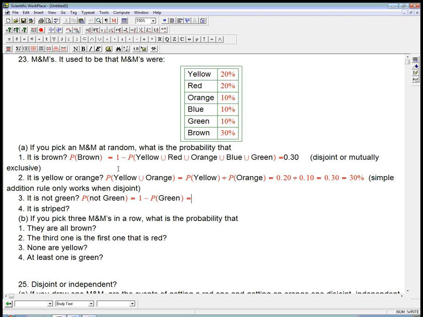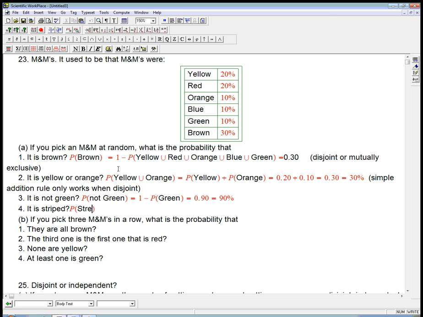That's just 0.90 or 90%. And the probability that it's striped, well, I think they're just being funny there, but they're trying to get across the point that you can ask those kinds of questions, and they have a definite answer. They just have a particularly simple answer. The probability of striped is 0. That just means it's impossible.